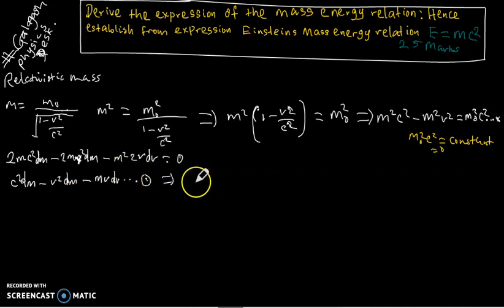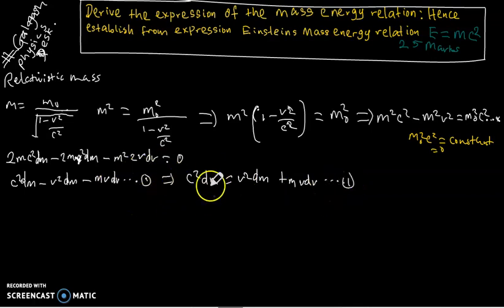We can rewrite this to be equal to c squared dm. dm is equal to v squared dm plus mv dv. This is still equation 1.